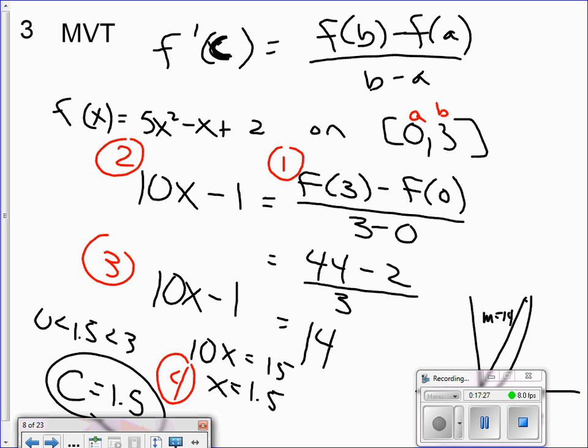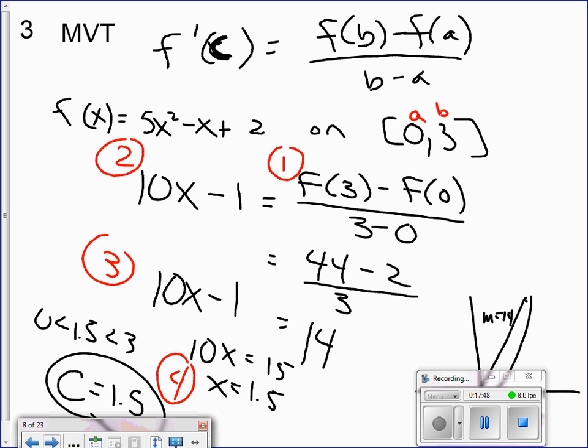You want to take f of 3 minus f of 0 over 3 minus 0. And then you want to find the derivative and set them equal to each other. I would get this value first.